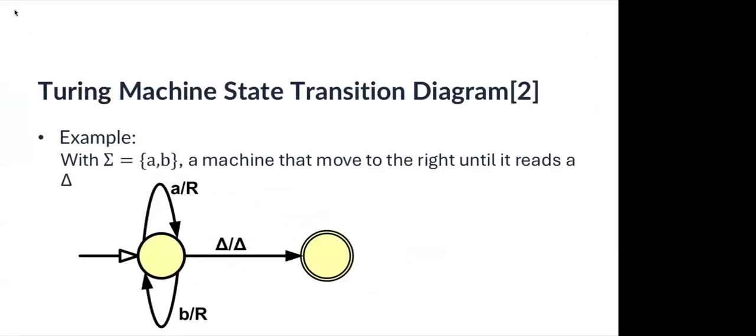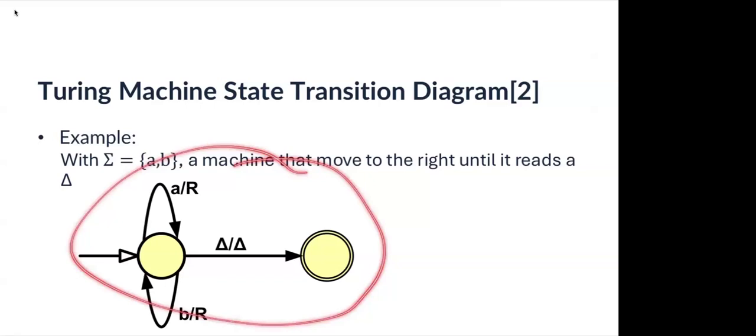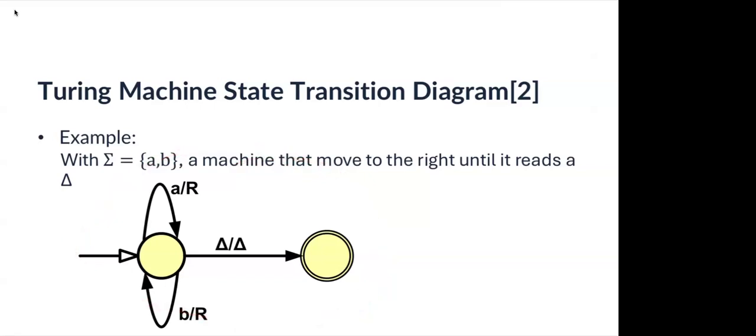For example, this is a Turing machine. We start here, and then we have a loop to the same state. If we read A, we move to the right. If we read B, we move to the right, but we are still in the same state.